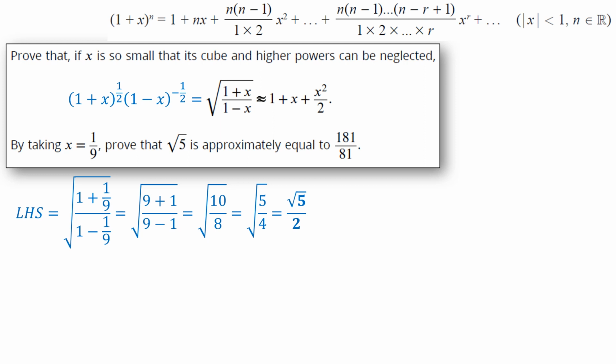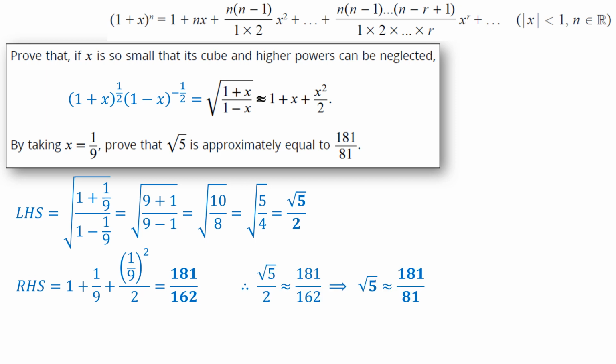The next step is to substitute a ninth into the right-hand side. This is reasonably quick to do, and of course you can use your calculator to help, and it simplifies down to 181 over 162. And then we equate those two, but be careful with this. We're proving that these two things are approximately the same, so avoid an equals sign, use the approximately equals sign instead.